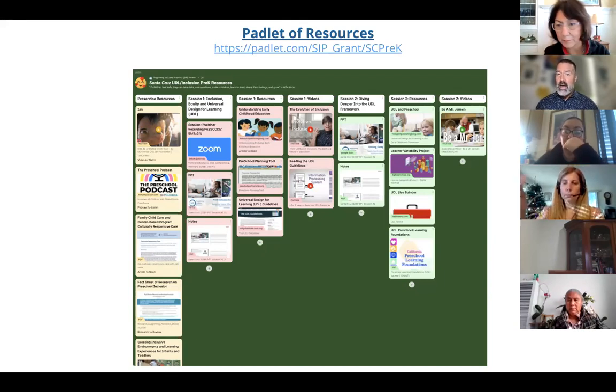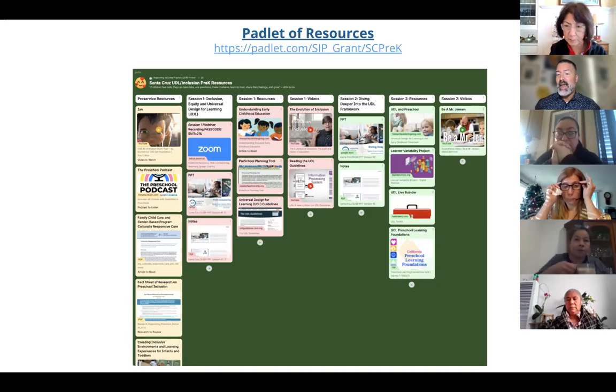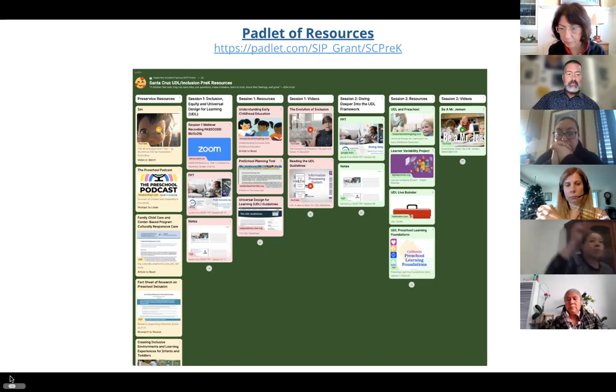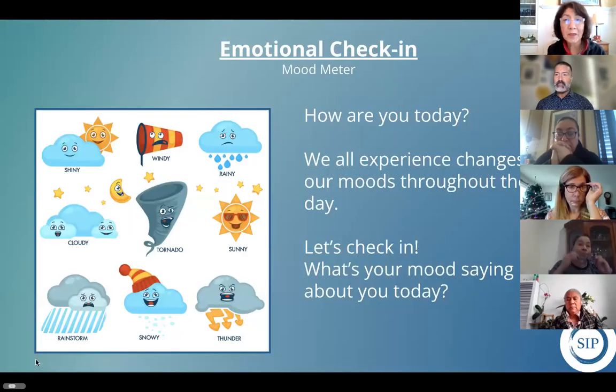There's an article, UDL and preschool, that you'll review today, as well as 3 really cool resources: the Learner Variability Project, the UDL Live Binder, and the UDL Preschool Learning Foundations that have been color-coded into the UDL engagement, representation, and action expression colors. And then finally, we have a video via Mr. Jensen that we'll see at the end. Any questions, Diane? Nope. Okay. All right. I'm good.